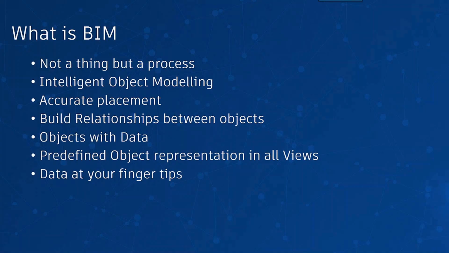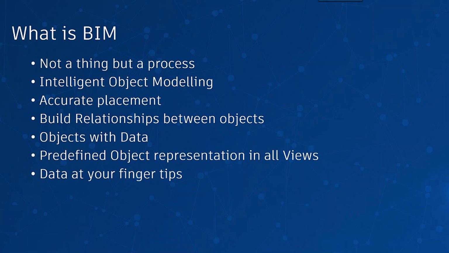If we have a look at BIM itself, the big question that people always ask, or the misconception of BIM, is that BIM is not a thing, it's not a product, it's actually a process. When we talk about process, we talk about modeling objects intelligently, accurately placing things, building relationships between objects.